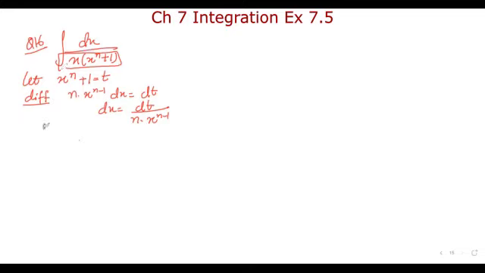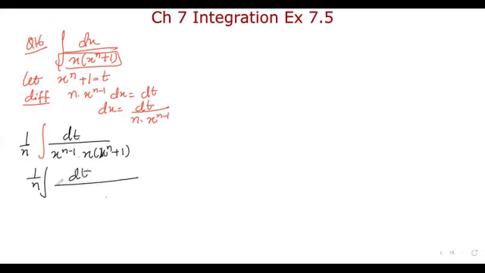Then I will go back to my question and I am replacing dx with dt upon n. n is a constant value, I am keeping it outside. It is x power n minus 1. And the terms which were here, I am taking them as they are. Then before integrating, all my x should be converted in the form of t.